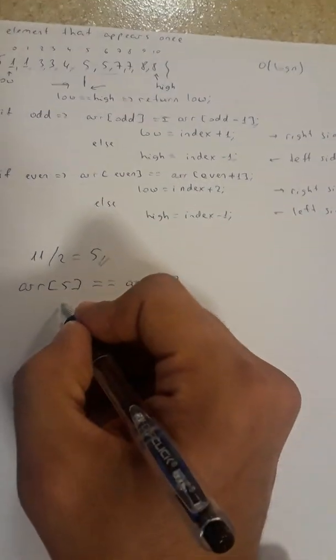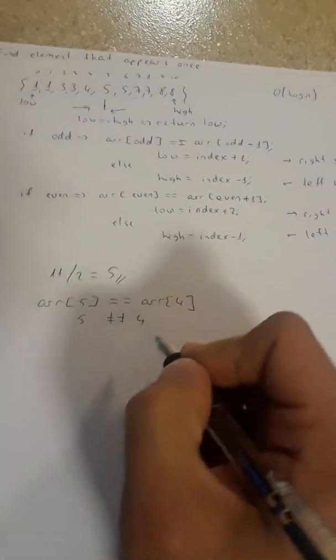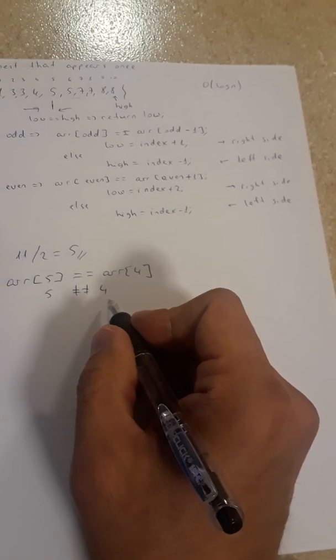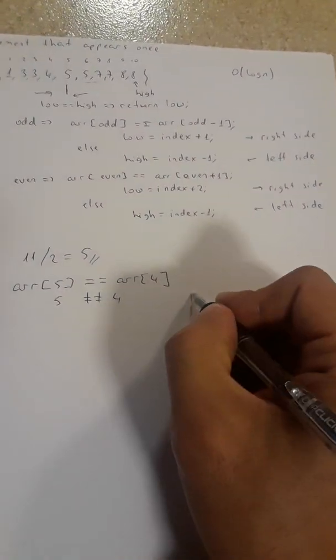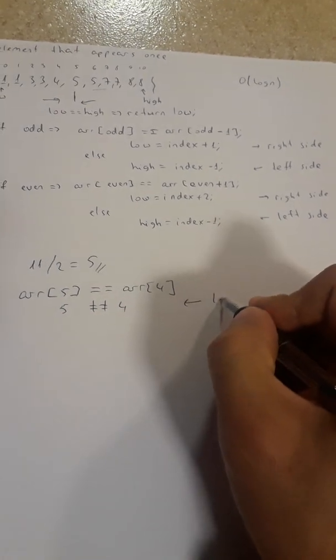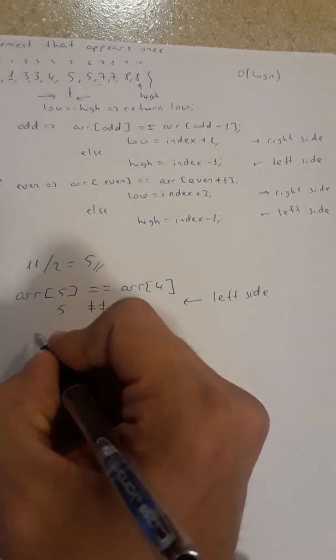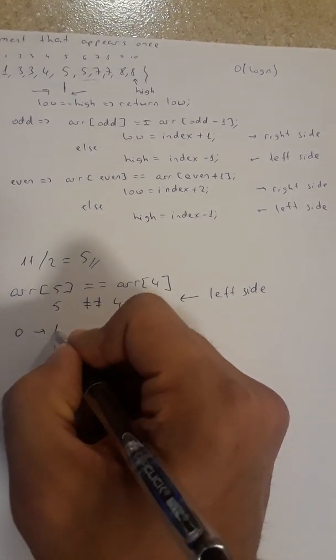We see that they are not equal to each other, meaning that the order is broken. So we will keep our search at the left side of the array, and we will search elements from 0 till 4.